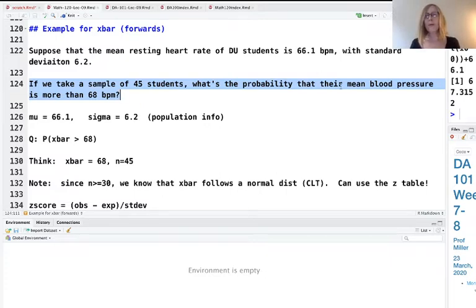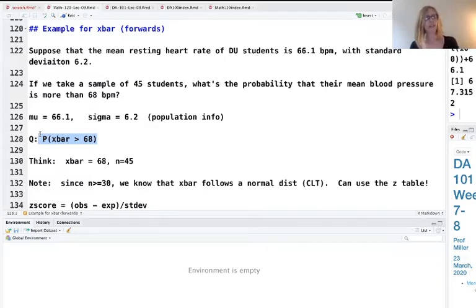What's the probability that their mean blood pressure is more than 68? That's key. This question is all about samples. And I wrote that down here too. This was me kind of doing a mathematical translation of what this question is asking for. What's the probability of getting a sample result like this one?